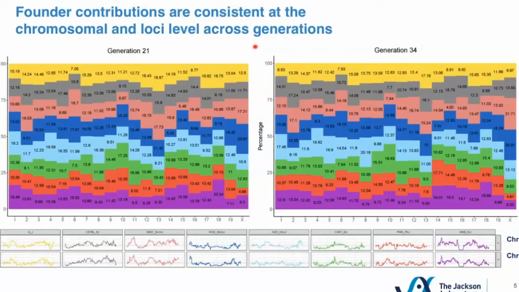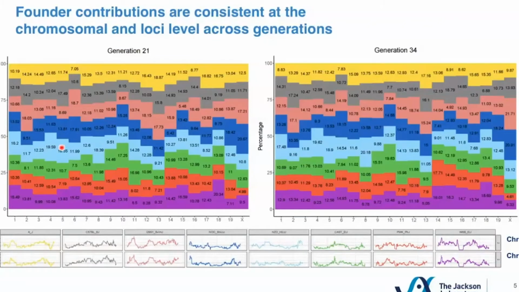There are a few ways that we can break this down a little bit more. Instead of just looking at founder contributions for all of generation 21 across all of the chromosomes, we can break it down across the chromosomes and see founder contribution on chromosome 1 versus chromosome 2, and so on and so forth.